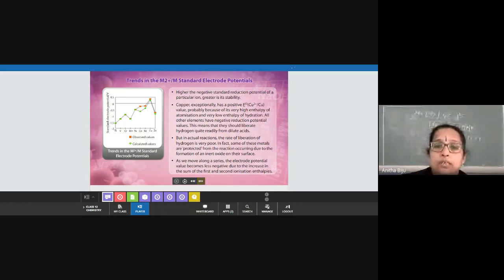Because of this reduction, nitric acid sometimes gets converted into nitrogen dioxide NO2, sometimes into N2O, sometimes into NO. So in the case of copper, nitric acid gets reduced, and because of that it is capable of reacting with copper.